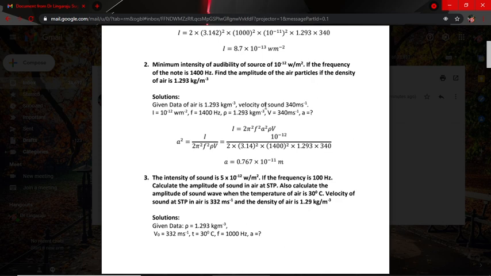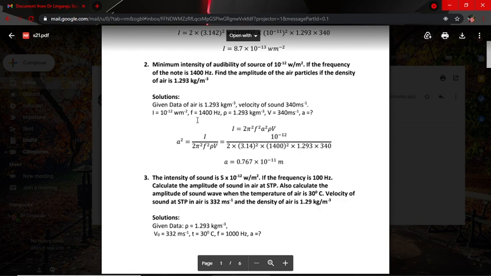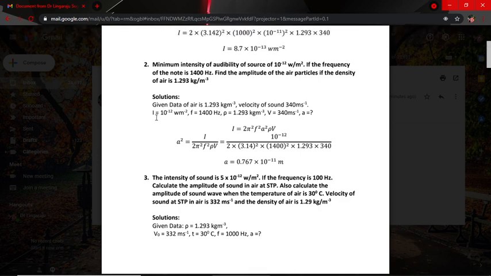The velocity of sound is also 340 meter per second. The sound travels in air at this velocity, and the density of air is given this way. In the previous problem we had to calculate the intensity.